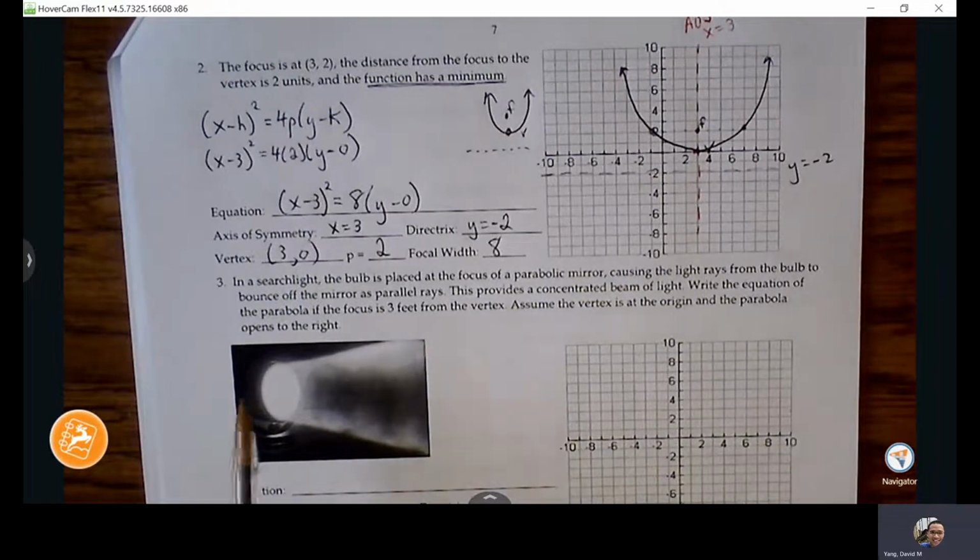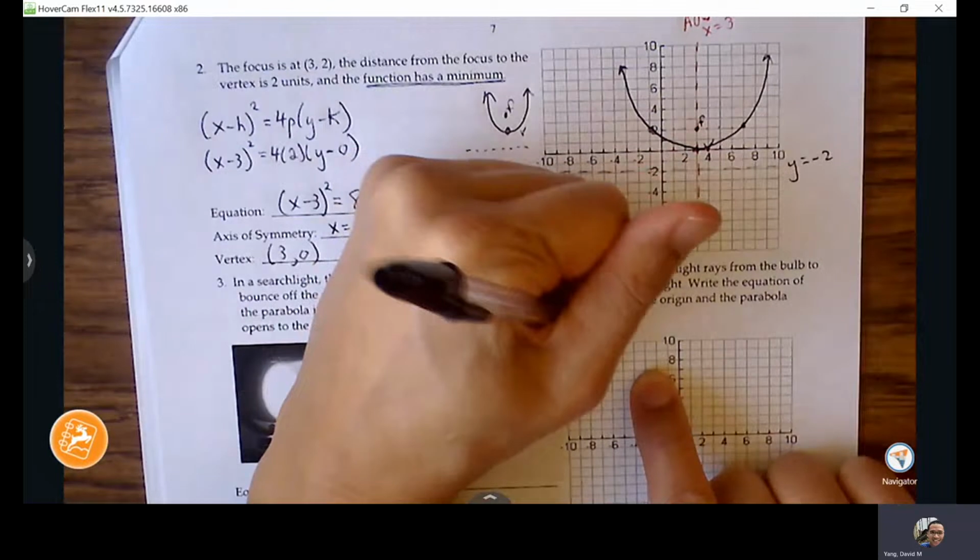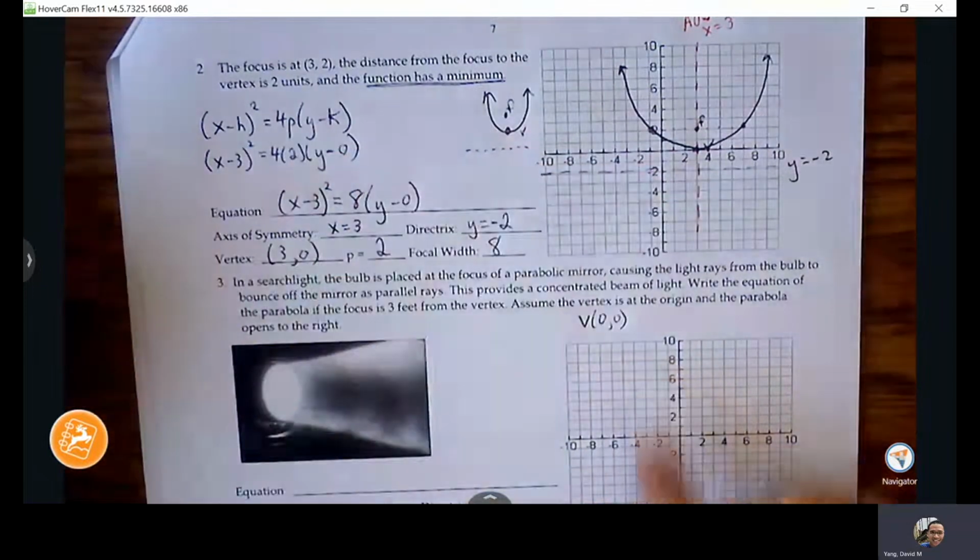Okay, number 3. In the searchlight, the bulb is placed at the focus of the parabolic mirror, causing the light rays from the bulb to bounce off the mirror as parallel rays. This provides a concentrated beam of light. Write the equation of the parabola if the focus is 3 feet from the vertex. Assume the vertex is at the origin, so you know the vertex is 0, 0, and the parabola opens to the right.